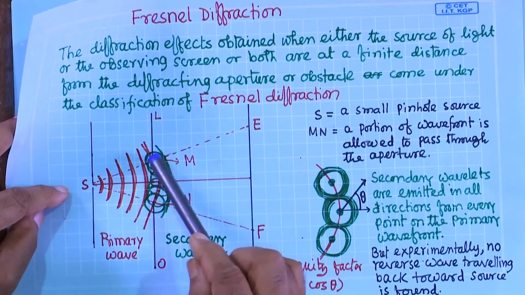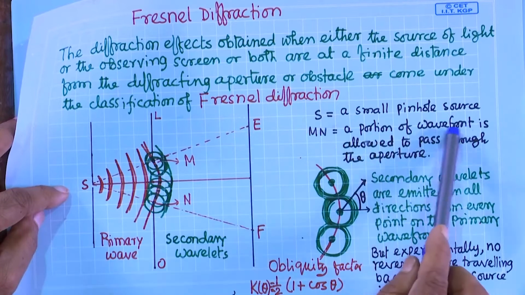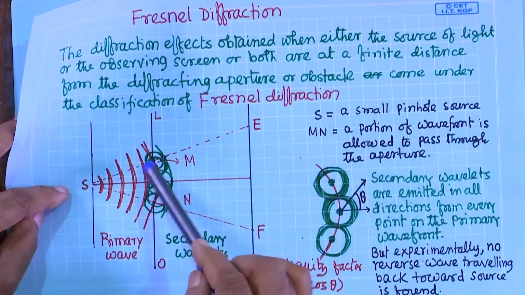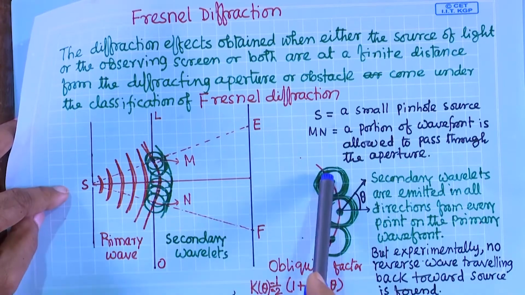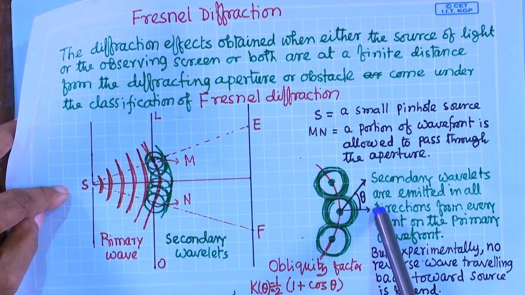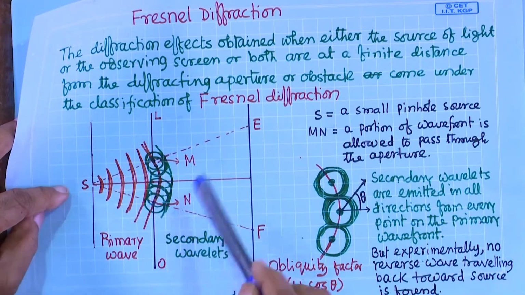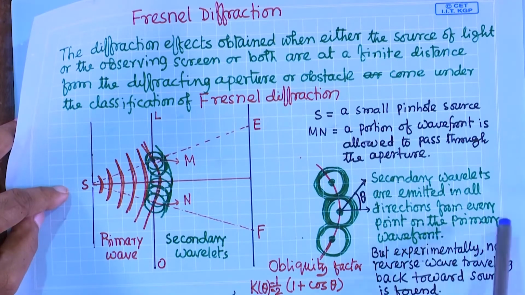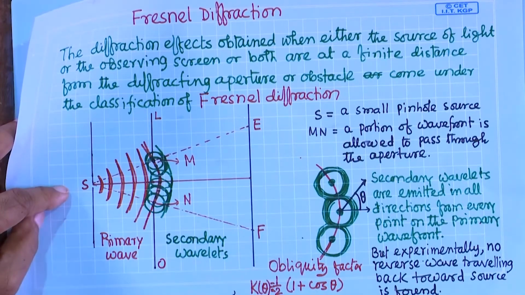NM is a small portion of the wave front that is allowed to pass through the aperture. Basically, secondary wavelets are emitted in all directions from every point on the primary wave front. This red one is the primary wave front.